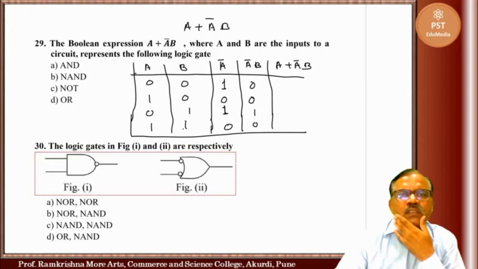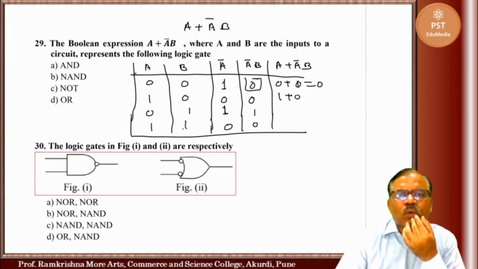Now we will take A plus A bar B. 0 plus 0 will give you 0. Then 1 plus 0 will give you 1.